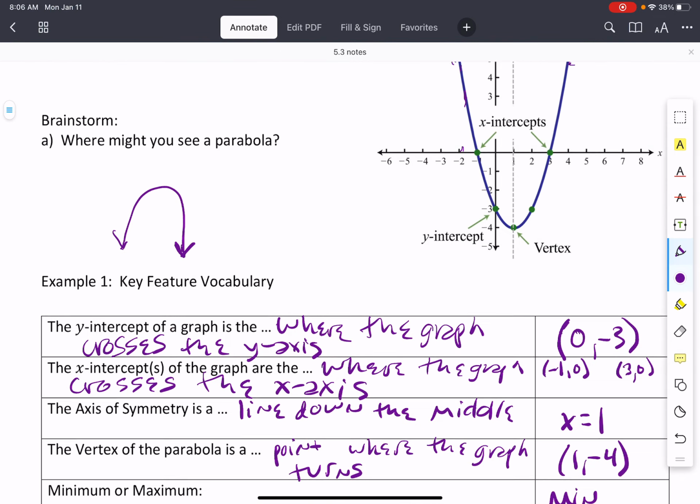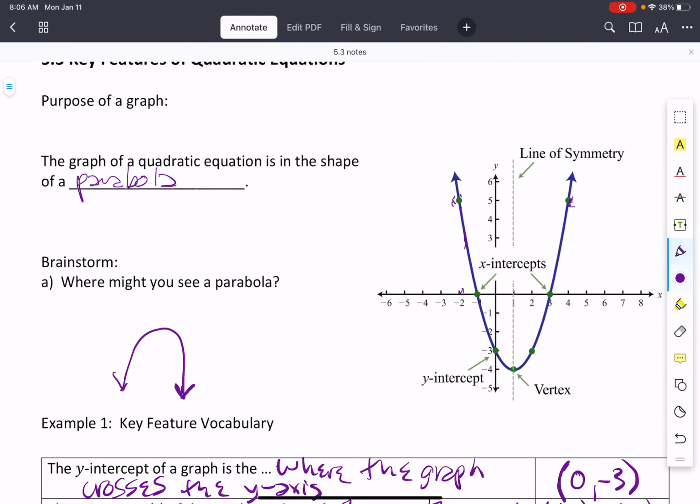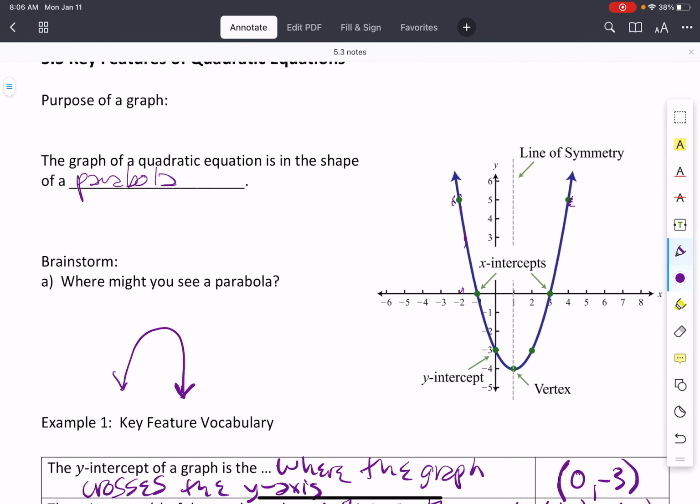Okay, increasing. Okay, so we read graphs like a book, meaning left to right. Okay, I start at negative infinity, and I go at the left, and I go to the right. Okay, you guys with me? What is negative infinity? So do you know what infinity is? Yeah. So negative infinity is just infinity going to the left.